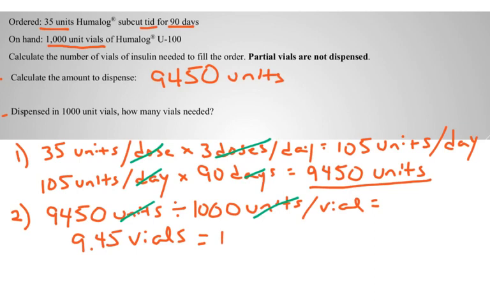So he needs to have 10 vials of the medication, otherwise he's not going to have enough. One way to think about it is, if you're buying hair color or something like that, if you don't round up, you're just not going to have enough. So for this problem, he would need a total of 10 vials.